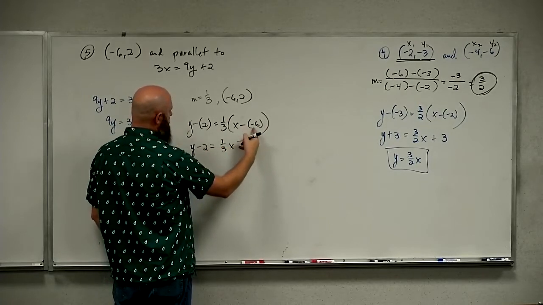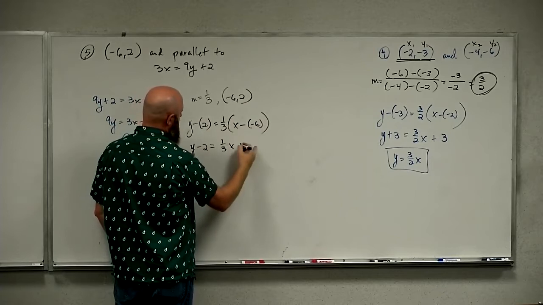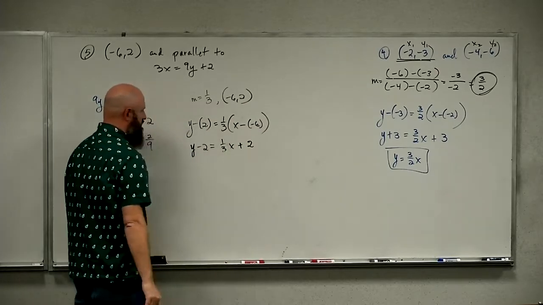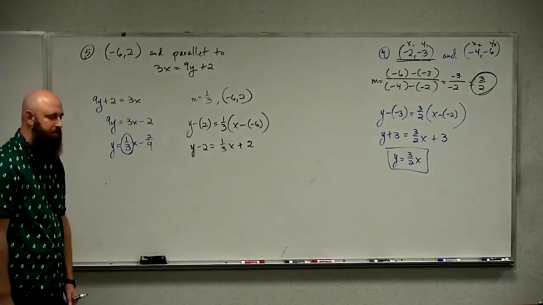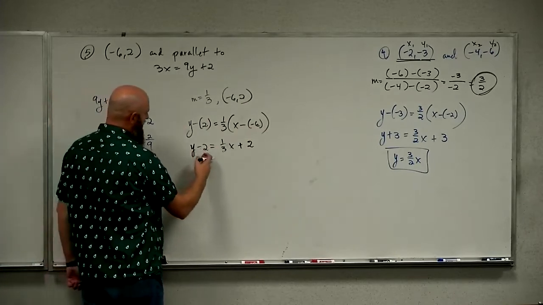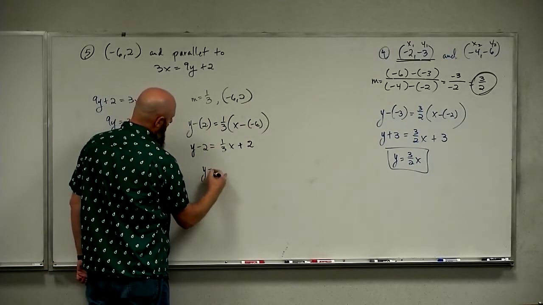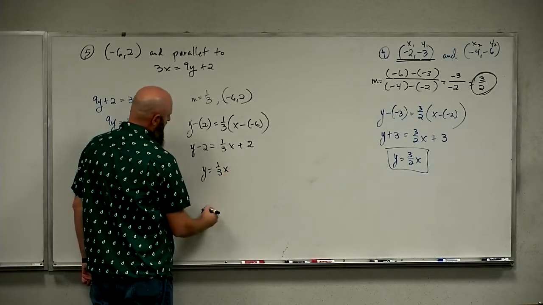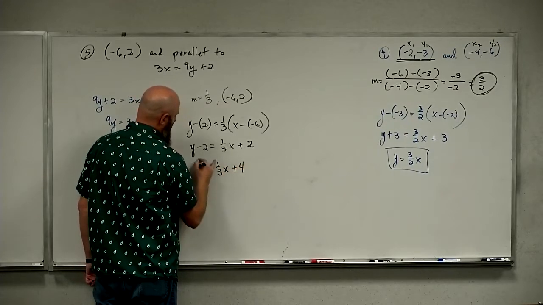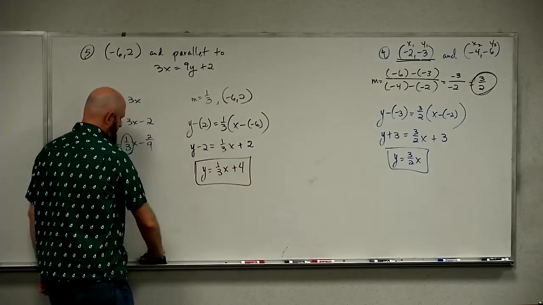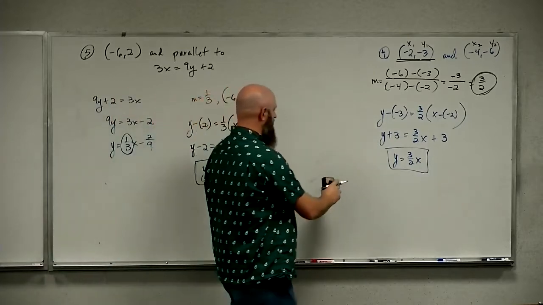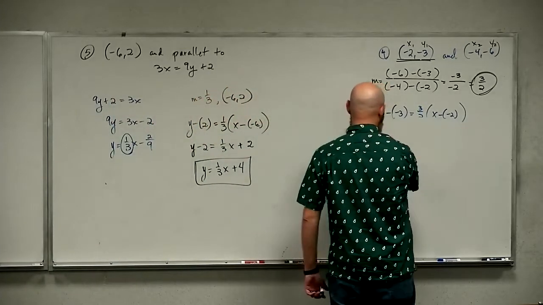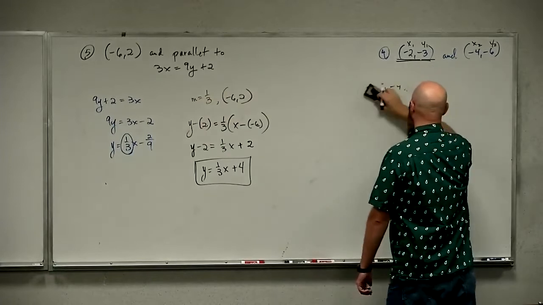That becomes plus 1/3 times 6 is 2, so positive 2. Now I need to add this 2 over. So y equals 1/3 x plus 4. And there's my equation.